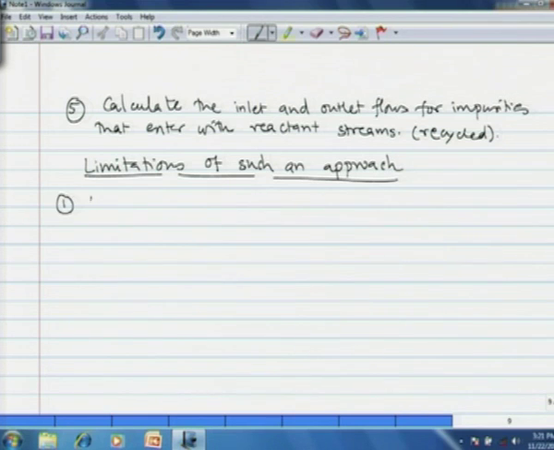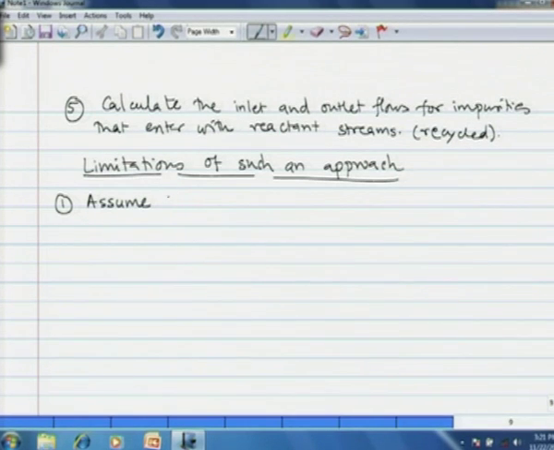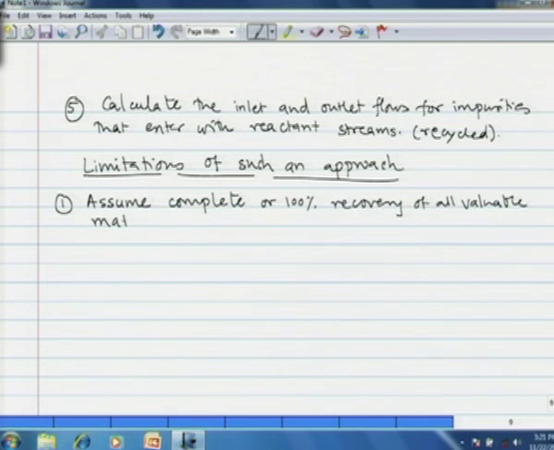Now, the first limitation is that we assume 100% recovery of all valuable material, which may not be possible. I am using the word material because it includes reactants, products and byproducts.